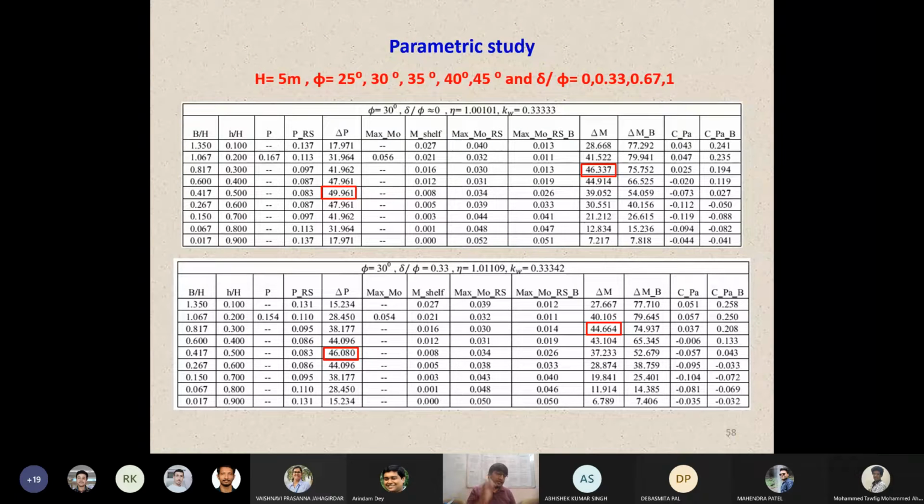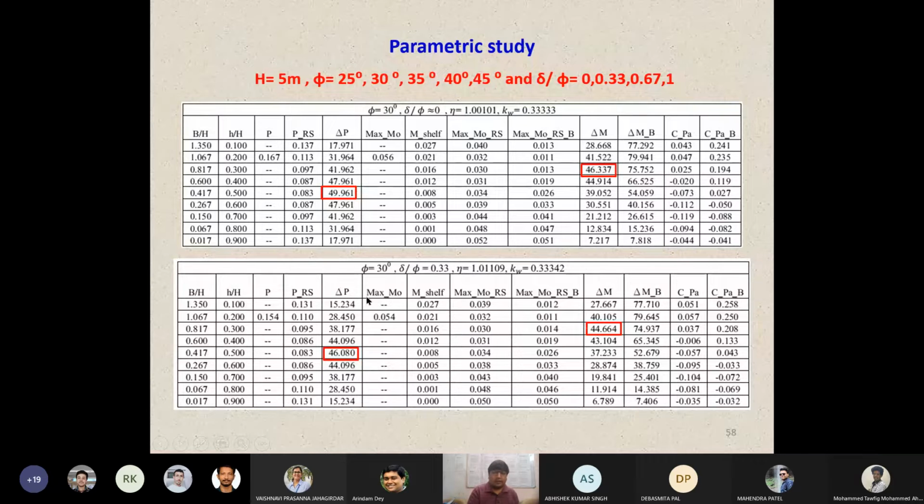Based upon the parametric studies, we noted that the maximum reduction in total thrust we can get is in the range of nearly 50%, and the maximum bending moment reduction we can get is something like 44 to 46%.